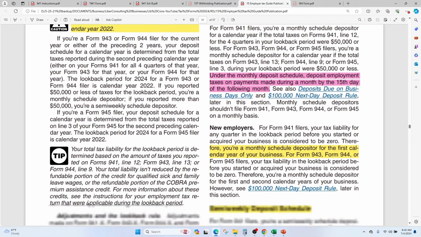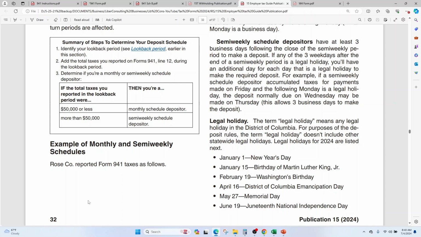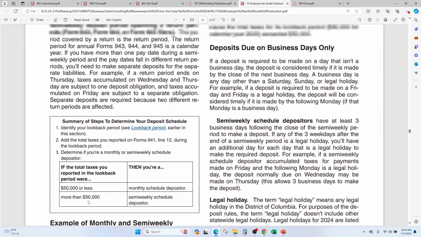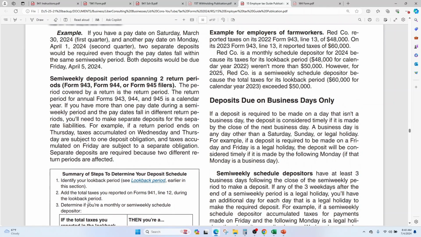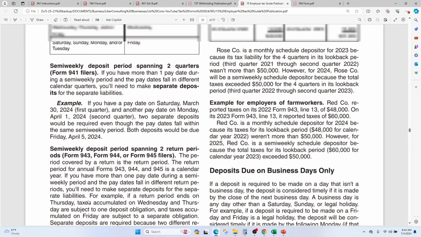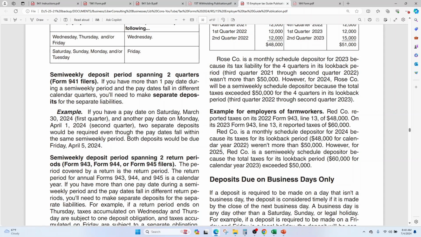Okay, they didn't discuss it much further than that, but sometimes they give examples, and you can read the example, especially if the deposit spans two quarters, then you'll make two deposits. You'll make separate deposits, one for each quarter. That's something that you can read about as well.